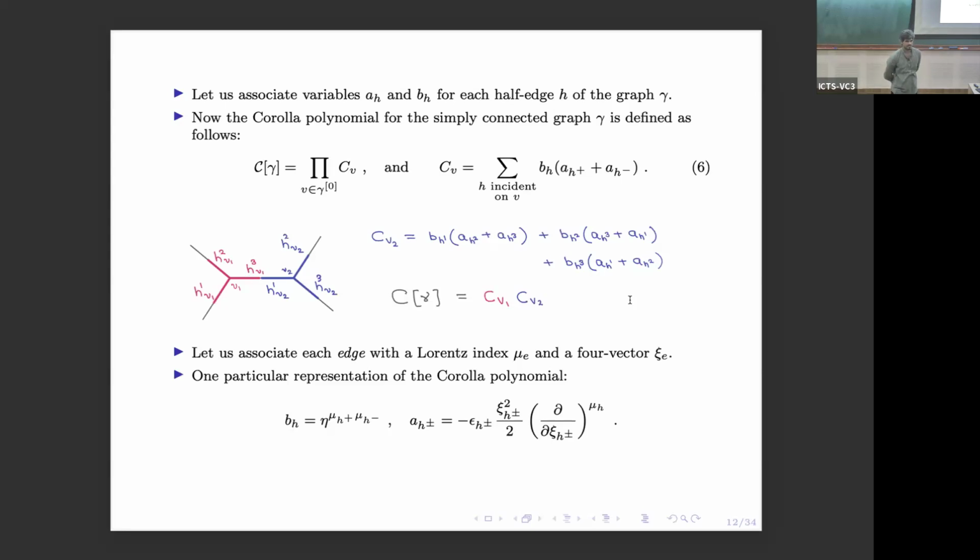Let me say this. What happens is that these differential operators, now that you're seeing them as a representation, will be acting on things where you say that my xi12 is independent of xi1 and xi2. So if I draw this one, I will say that this momentum is independent of this one and this one and this one and this one.